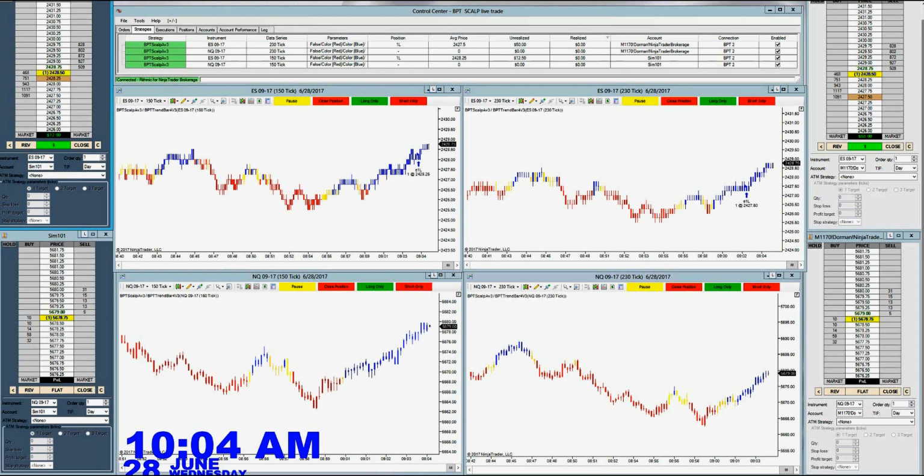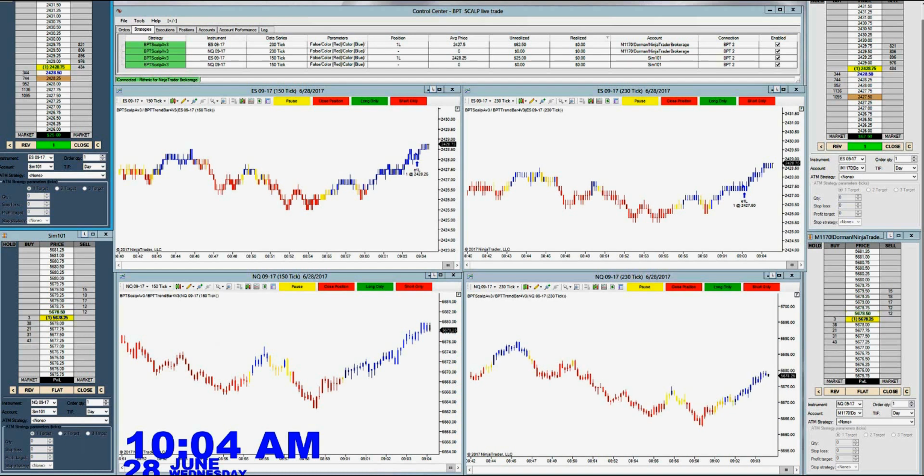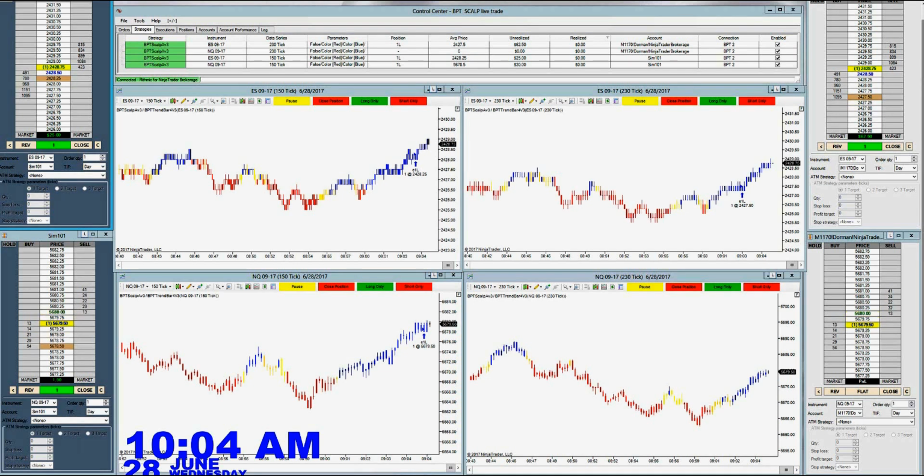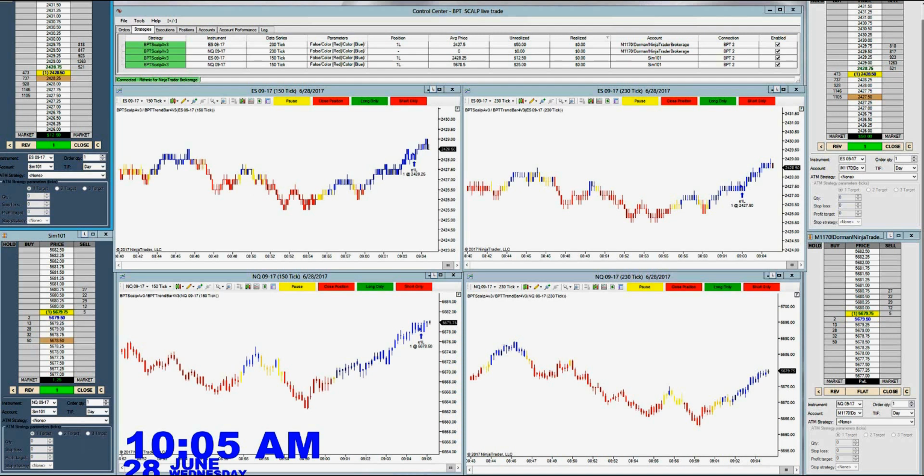But anyway, let's also show you one more trade on the newer version on the A scalper. And here is the sad story on the NASDAQ. When I was occupied on the ES and I saw the NASDAQ taking a trade, I said, why is the live trade not taking a trade? Because it turned out it was 230.